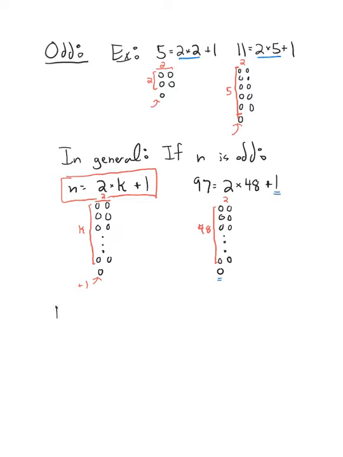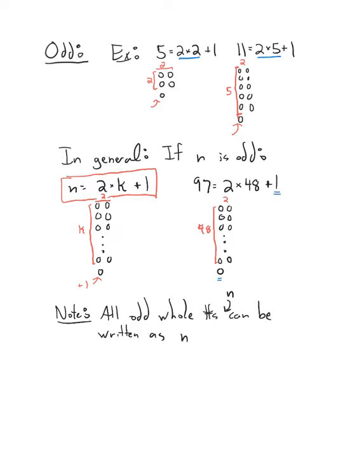So that's our next note. All odd whole numbers can be written as, actually let's call the whole number n. So it can be written as n, which is 2 times some other number plus 1.